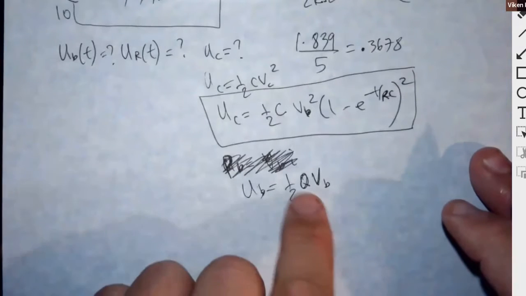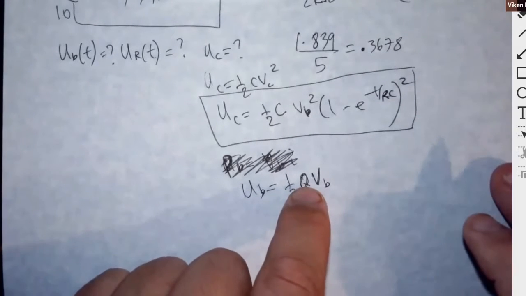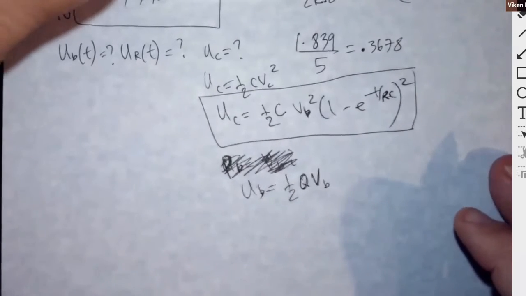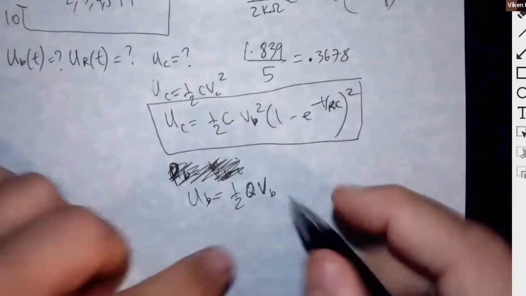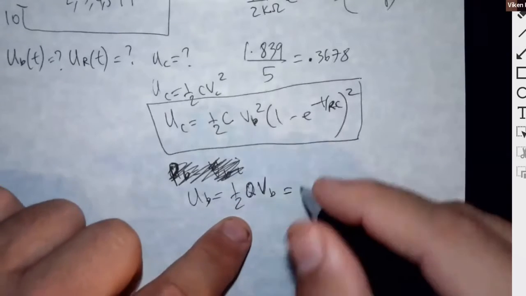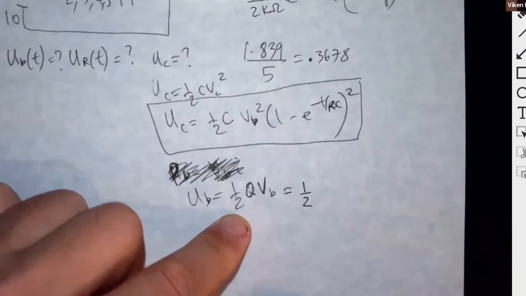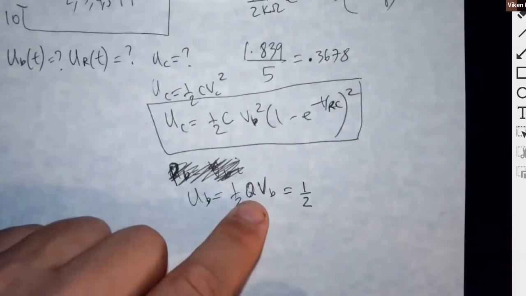So the charge that's flowed, as a function of time, the charge that has flowed through the battery, and then the voltage of the battery, since that's constant. And then so we use the equation for the charge as a function of time. Okay, so let's see here. Half, and then this is going to be the Q equation that we have.